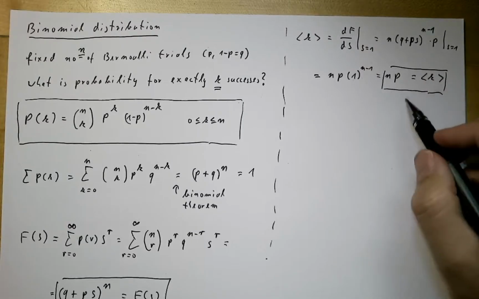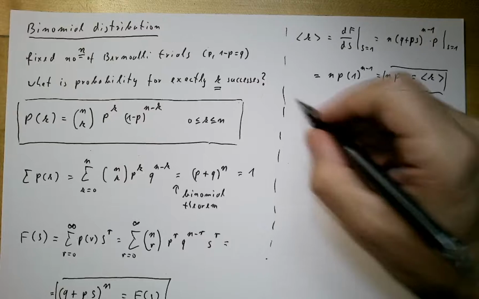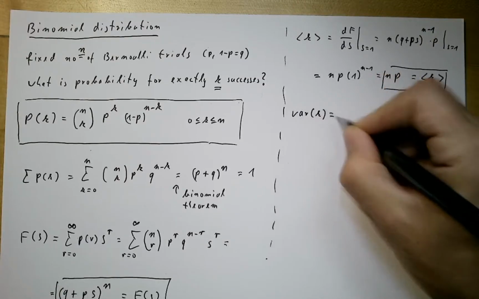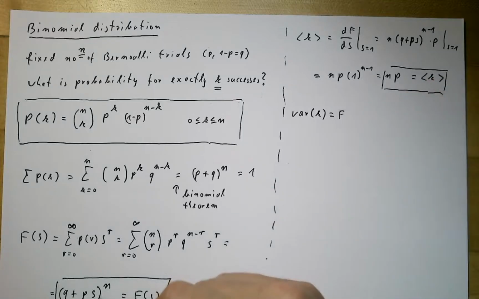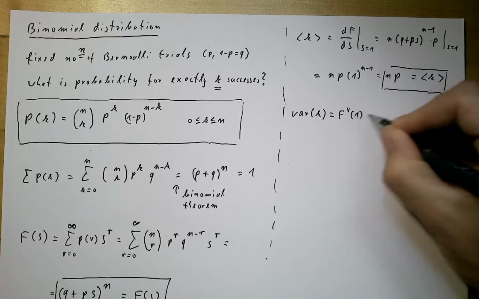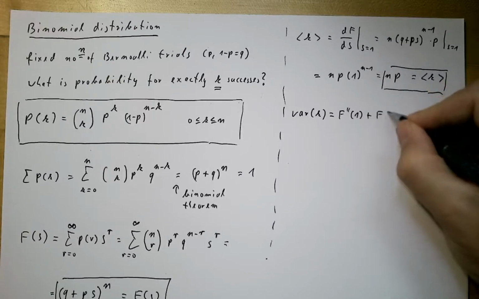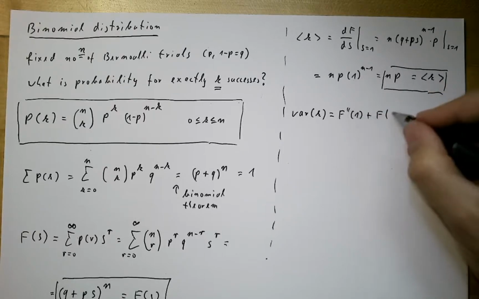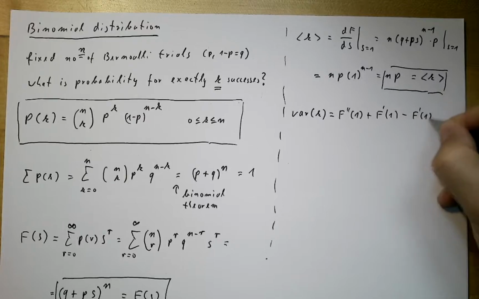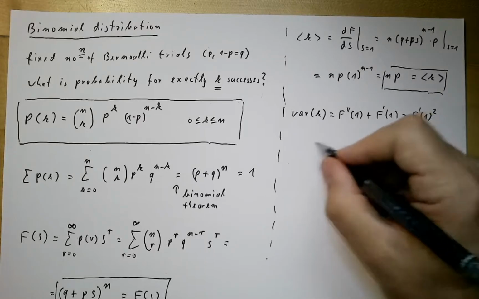So that's the expected value of the binomial distribution. And let's calculate the variance of k. Now we need the second derivative, and then we use our standard formula: the second derivative at 1 plus the first derivative at 1 minus the first derivative at 1 squared.